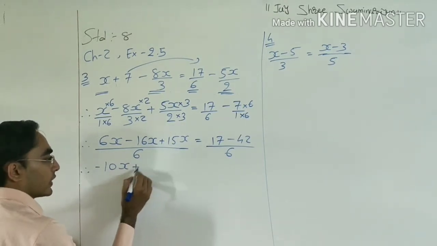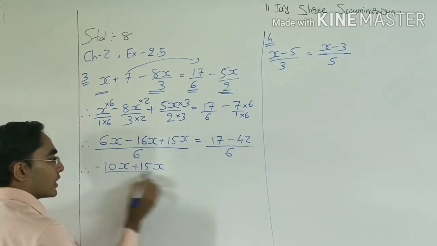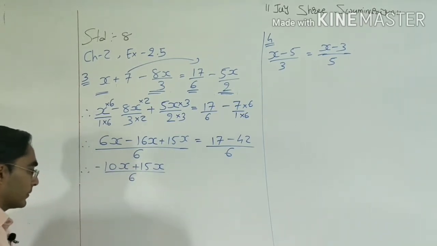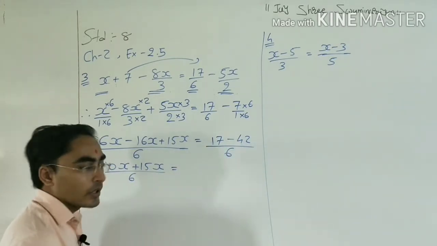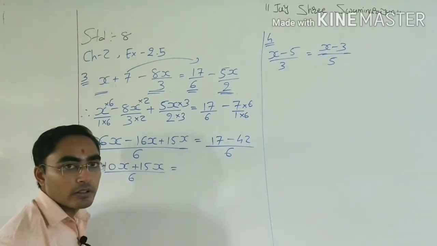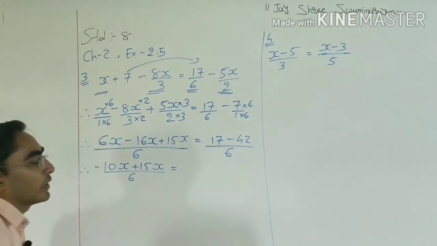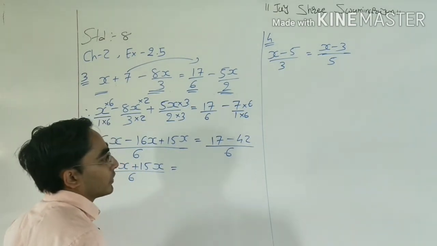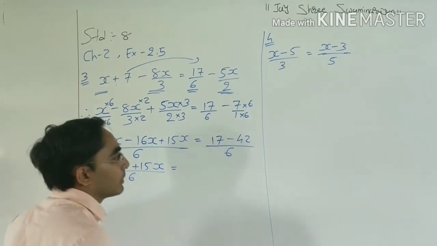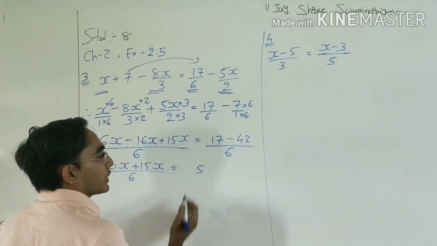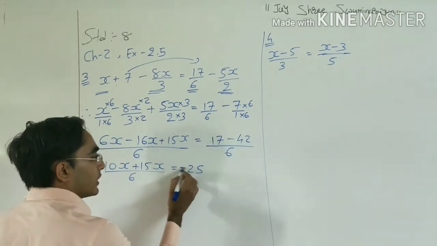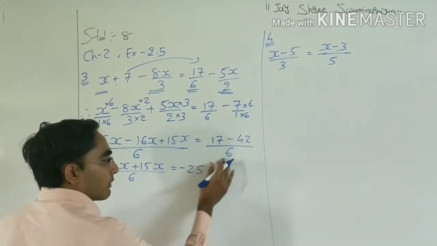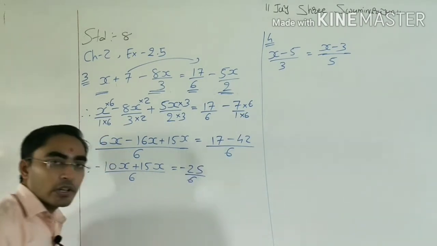Plus 15x remains as it is, divided by 6. And here plus and minus, 42 minus 17. 42 minus 17 is 25, and the bigger number has a negative sign, so it is negative. Divide by 6 as it is.